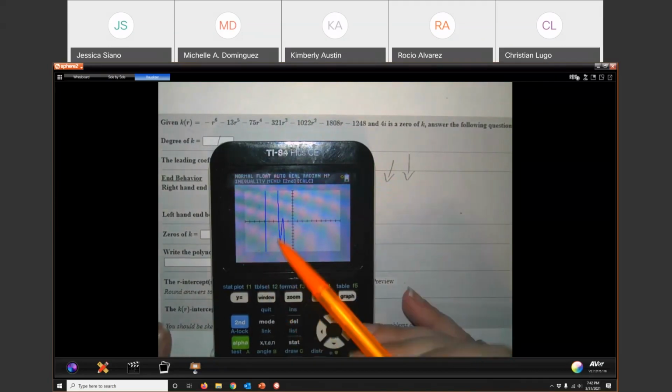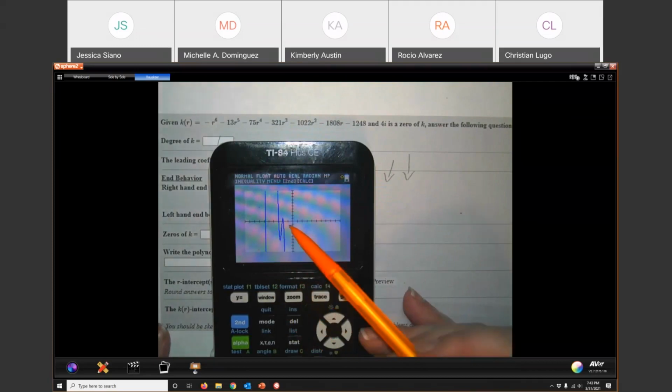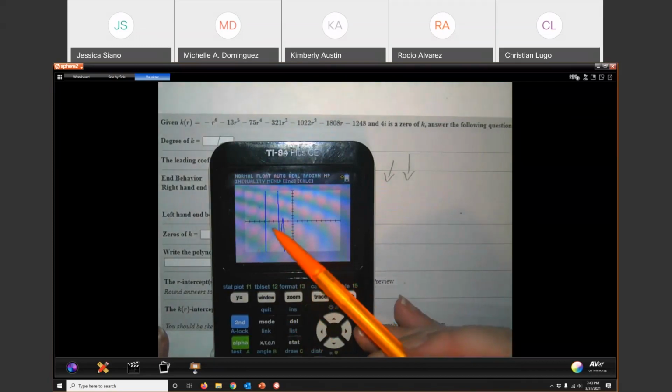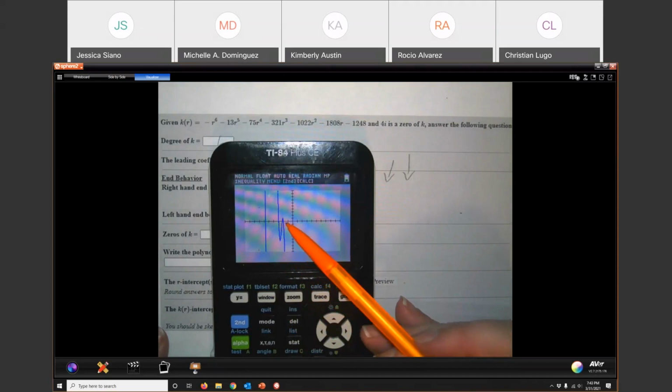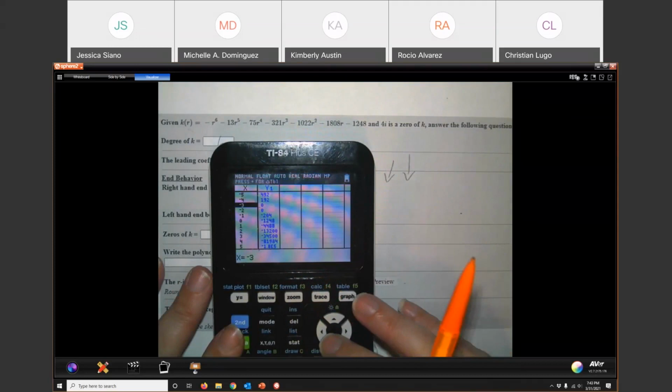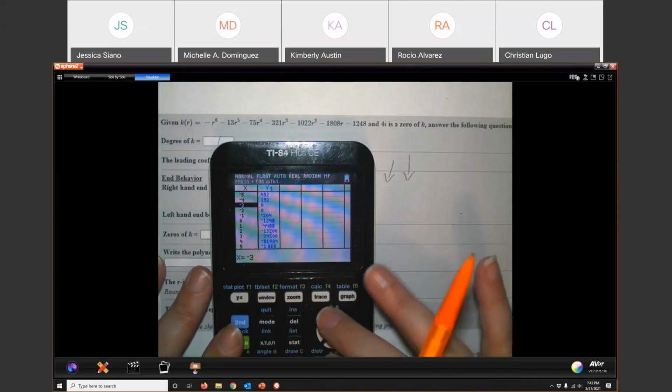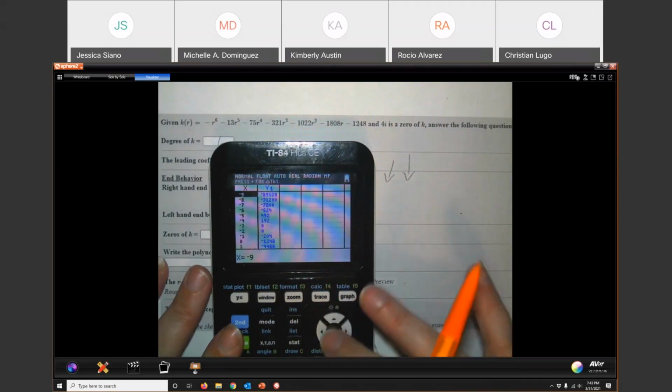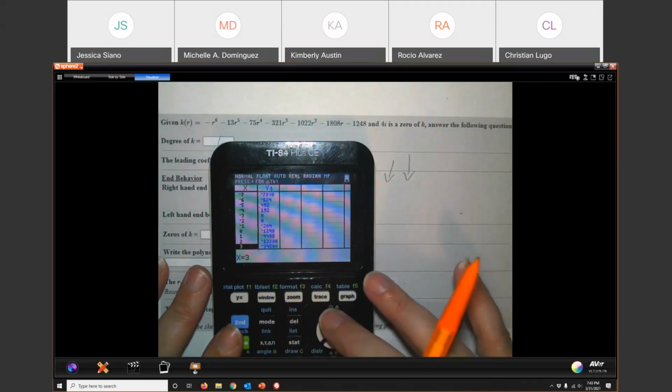Okay, so I have a 0 out here somewhere in between -5 and -6, but I don't know what it is. I have a 0 right here, it looks like -3. I have a 0 right here, it looks like -2. Double check that in the graph. Yep, -3, -2.